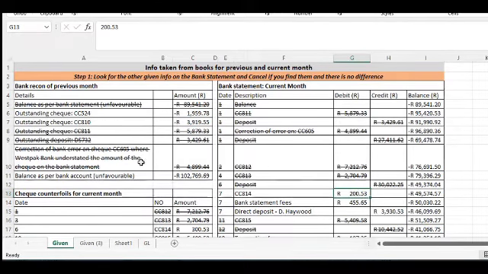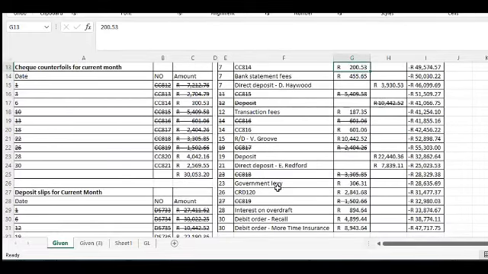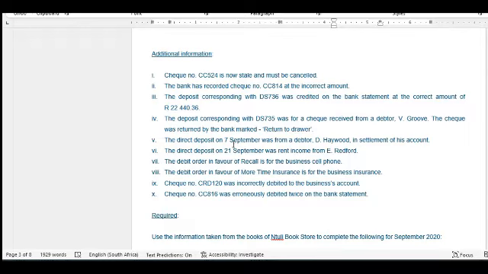Now, where's the 735 fitting? Guys, I get confused now. Let me just quickly have a look at it as it is given in here. Deposit corresponding with deposit slip 735 was for a check received from a debtor.